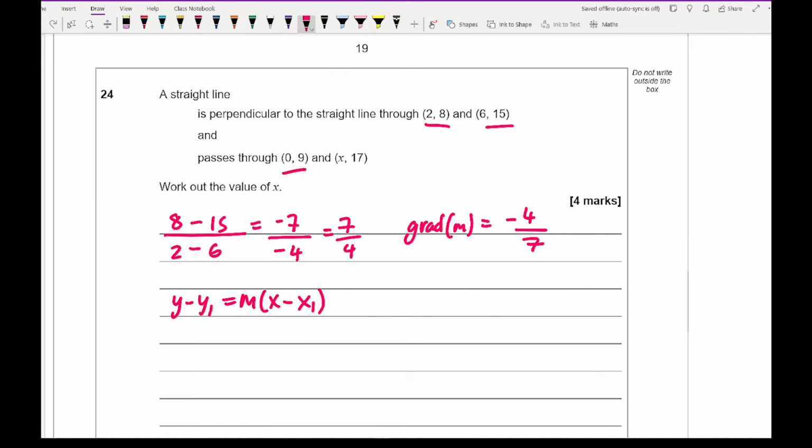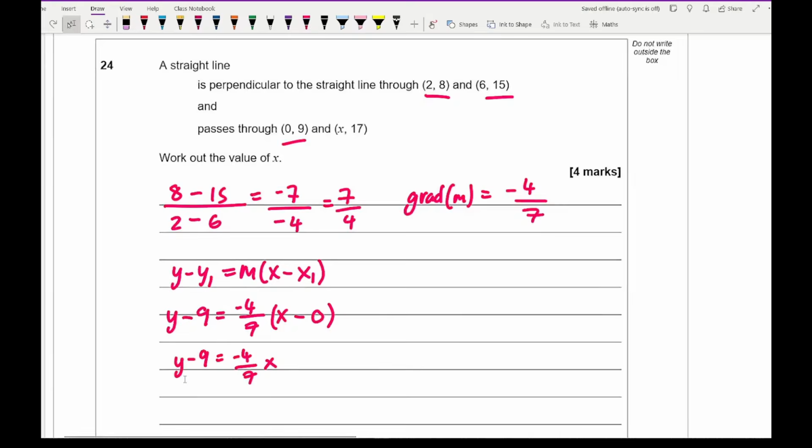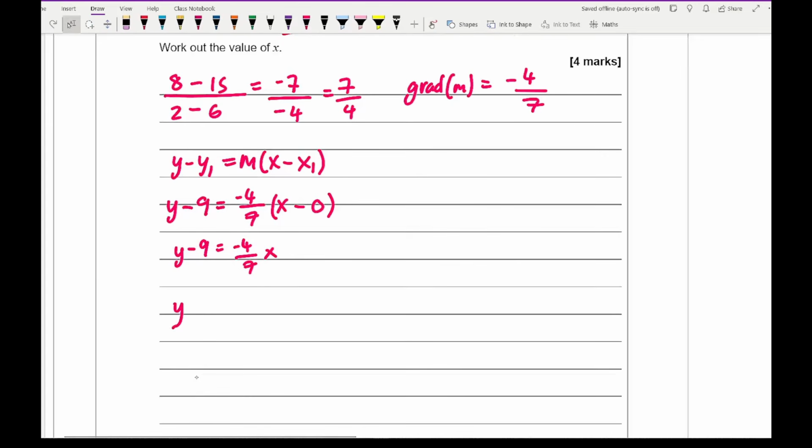So using this coordinate, I get y minus 9 equals minus 4 over 7 times x minus 0. Then from this, I can expand the brackets, and the equation of the line is y equals minus 4 over 7x plus 9.